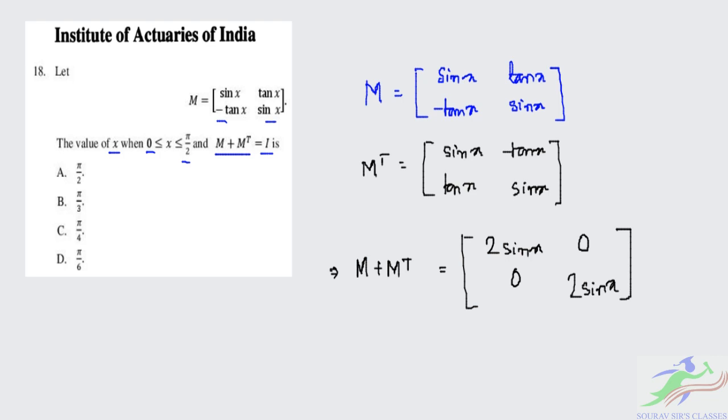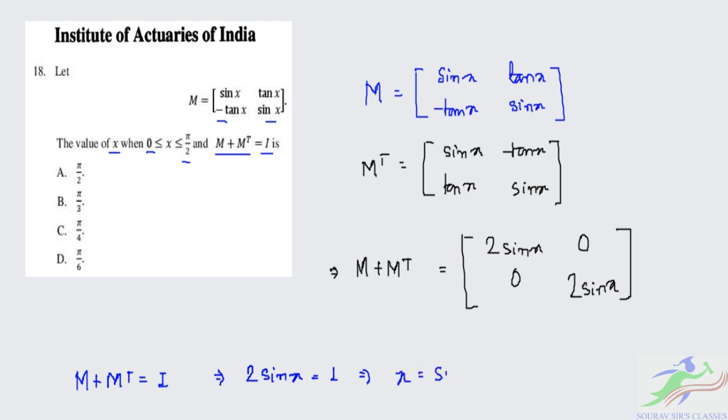Now the condition is given that M plus M transpose is the identity, so 2 sin x is equal to 1.